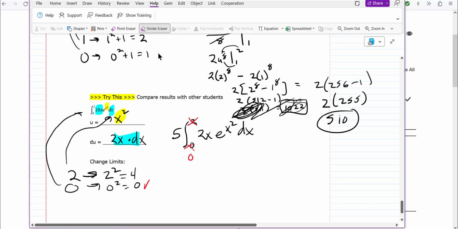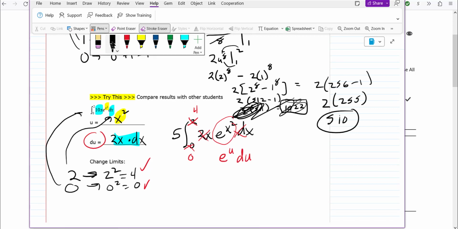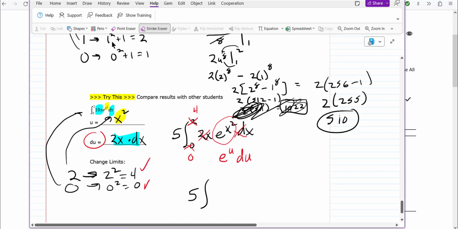The 2 changed into 4, so our limits are different now. That's a pretty simple thing to do. And then this part right here is going to become e to the u, and then 2x dx, well, that's what du is. So what you end up with is 5 times the integral 0 to 4 of e to the u du.